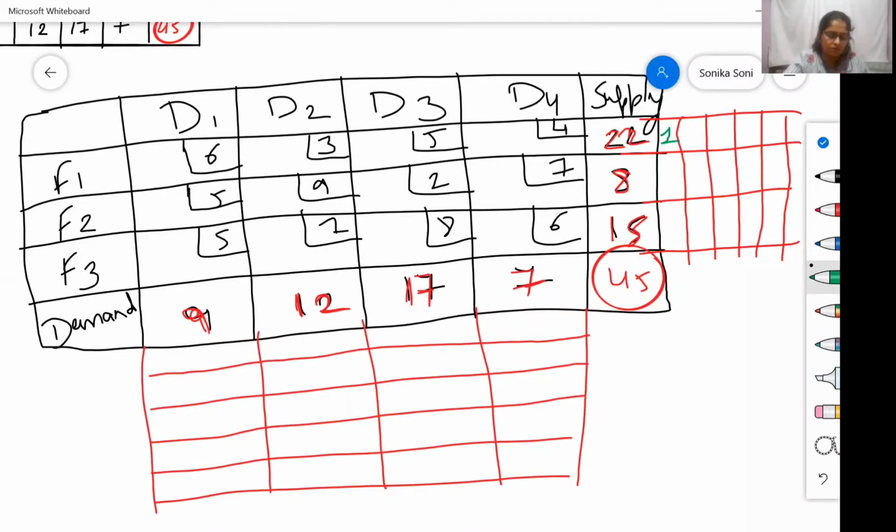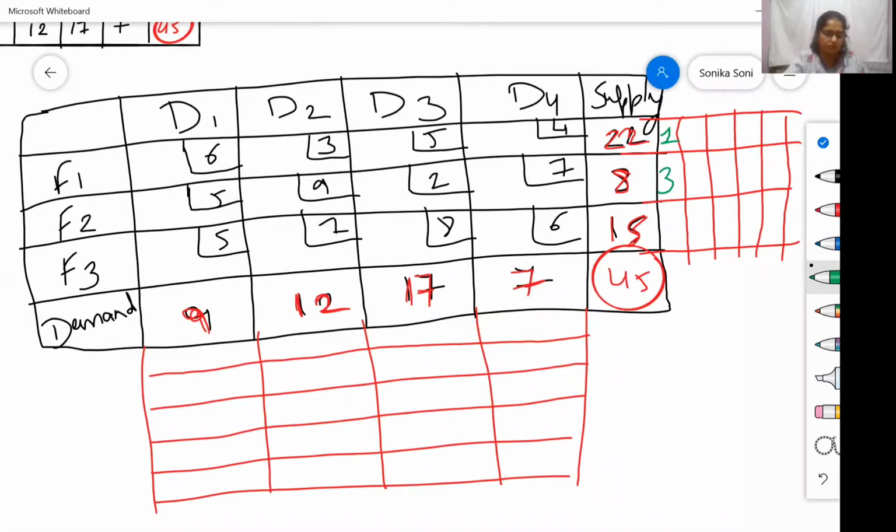Now for the second row we have the first least cost as 2 in F2 D3, and 5 as second least cost, which is in F2 D1, and the difference between them is 3.